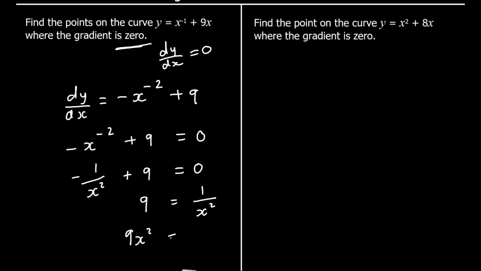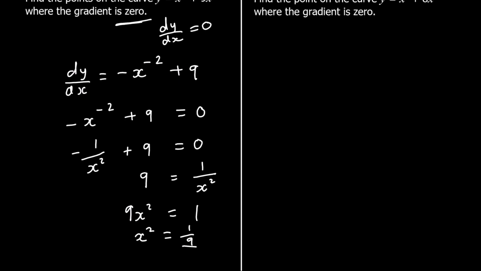So 9x squared equals 1. Divide by 9, so x squared is a 9th. And then square root. So x is going to be plus or minus the square root of a 9th, which is plus or minus a third.